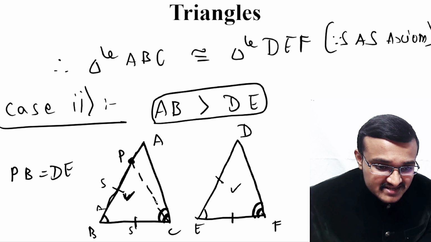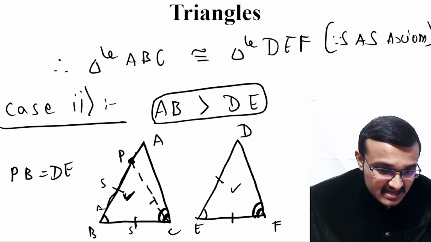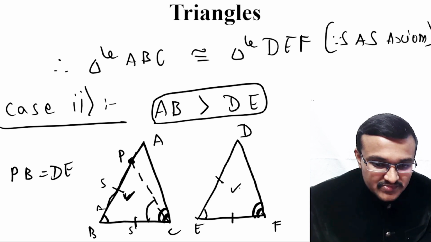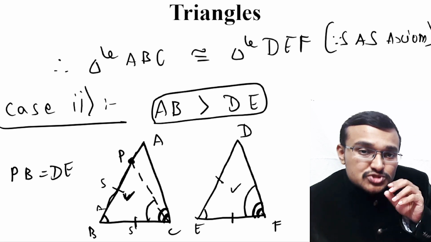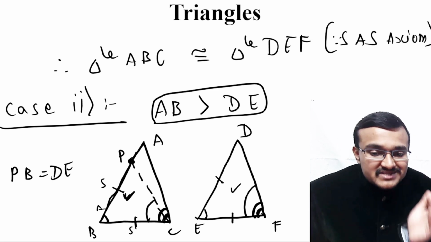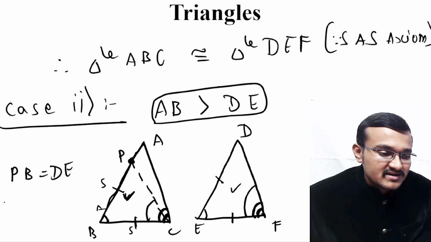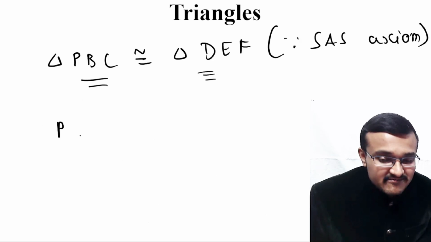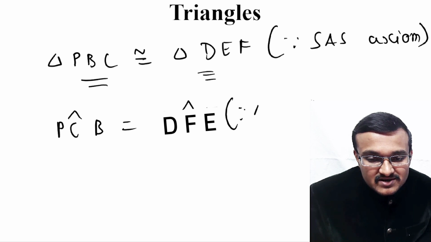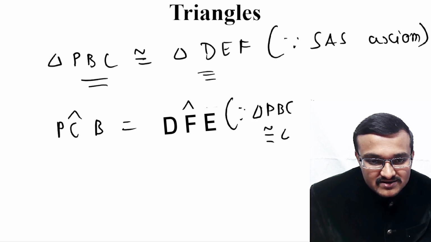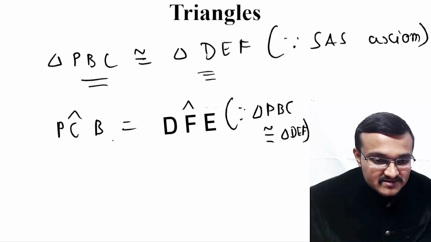And if you consider this particular angle, that is PCB, and DFE, those two angles will be equal because PBC and DEF are congruent triangles. So in the bracket I am writing the reason.